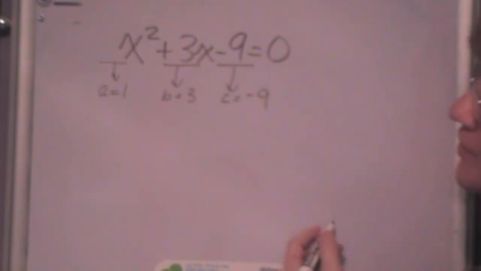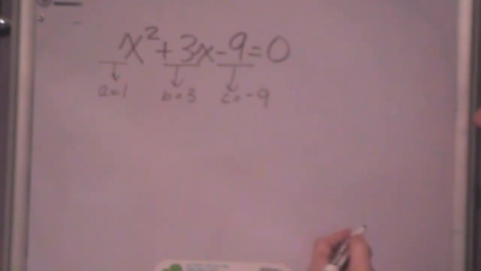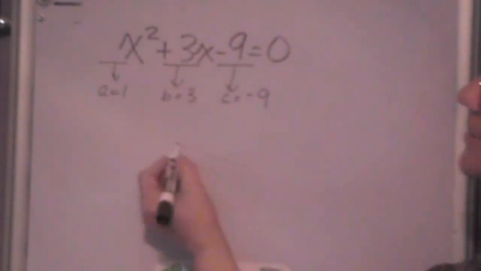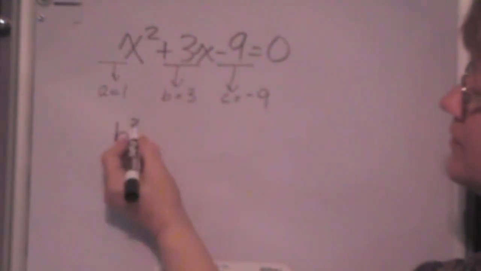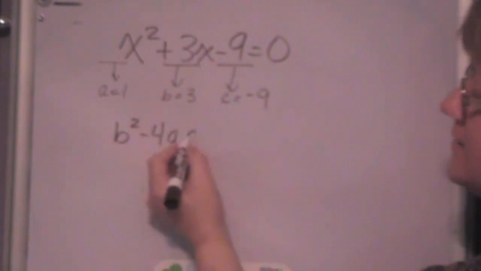And now all I have to do to determine what type of roots I'm going to have with this equation is just determine the discriminant, which is b squared minus 4ac.